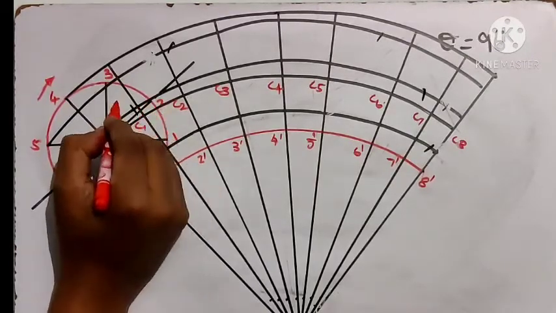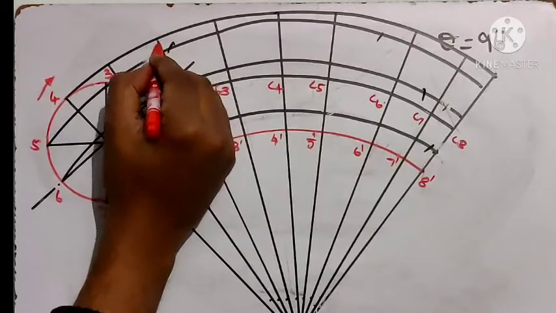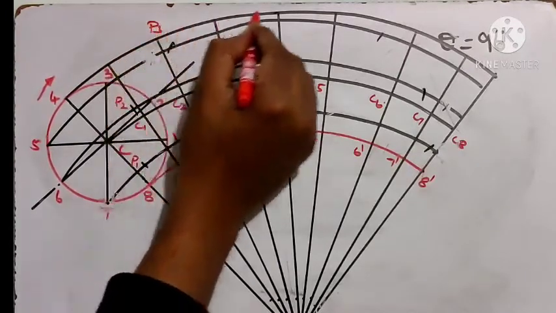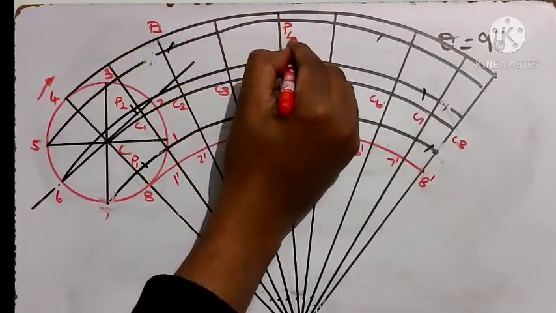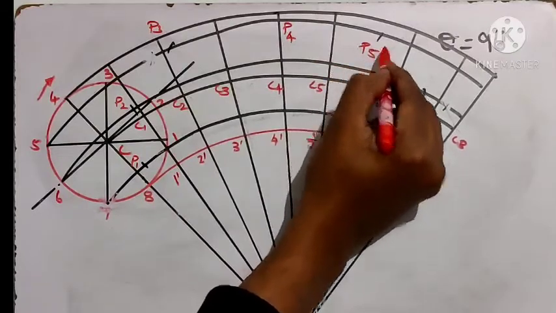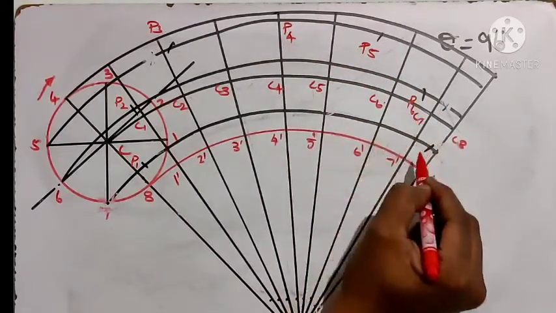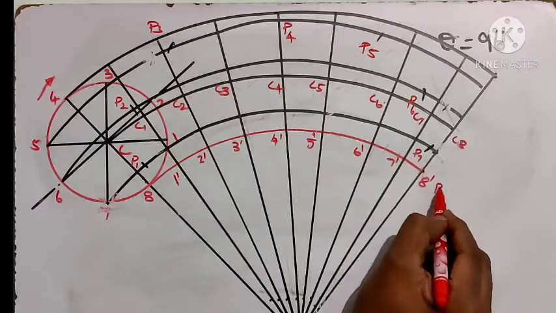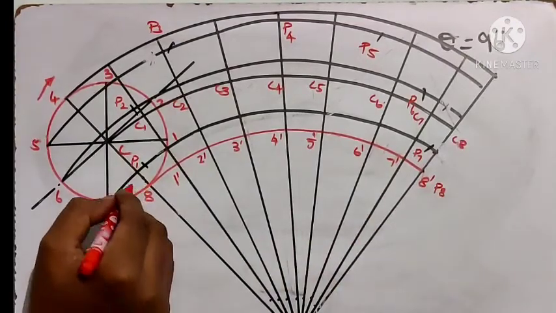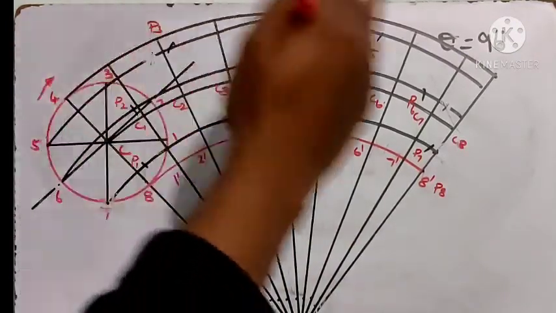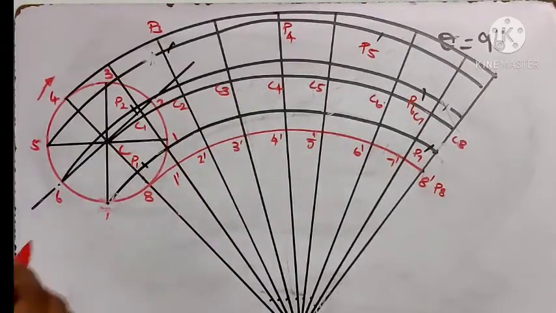P1, P2, P3, P4, P5, P6, P7, and P8. So from these points, you need to sequentially connect P1 to P8, okay, with a smooth curve.